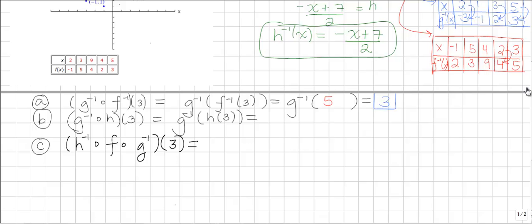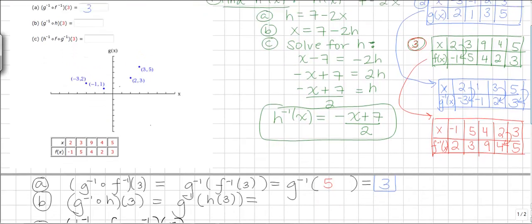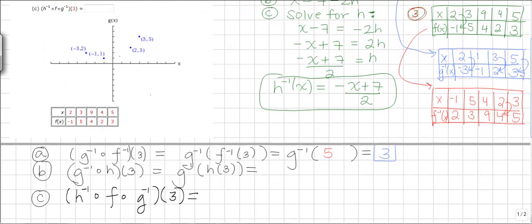And to calculate h of 3, we need to go back to our formula for h, which is 7 minus 2x, and substitute 3 into 7 minus 2x, obtaining g inverse of 7 minus 6 or 1. Therefore, we need to calculate g inverse of 1. And we can see in the table that g inverse of 1 is the value negative 1.